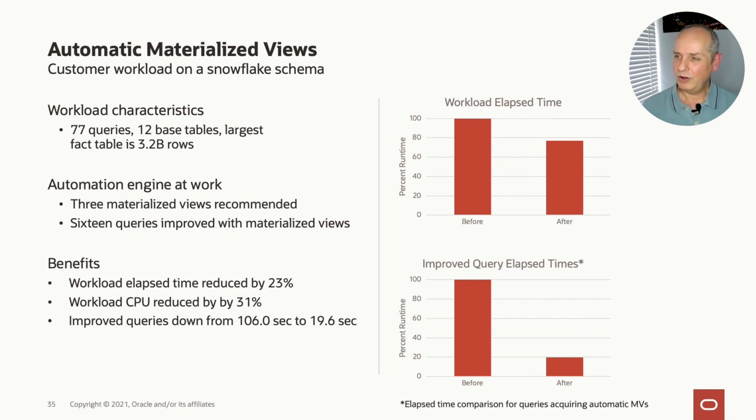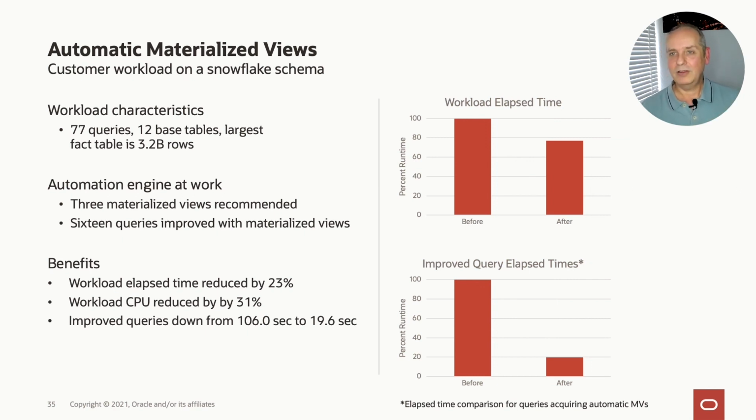So we've got the before runtime versus the after runtime, with very large improvements, down from 106 seconds to 19 seconds or so for the 16 queries that we improved. Those all went massively more quickly, and then the overall end-to-end time was affected by about 23%, something like that.